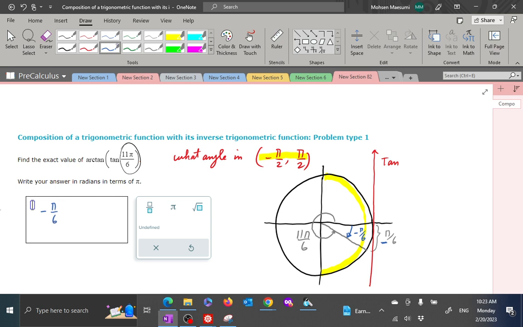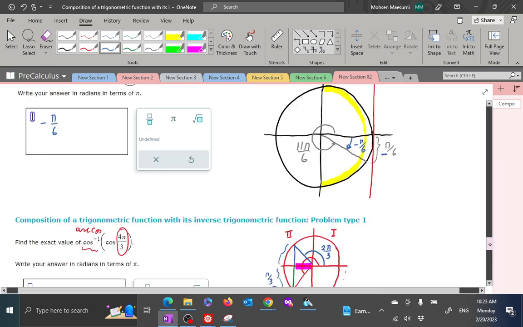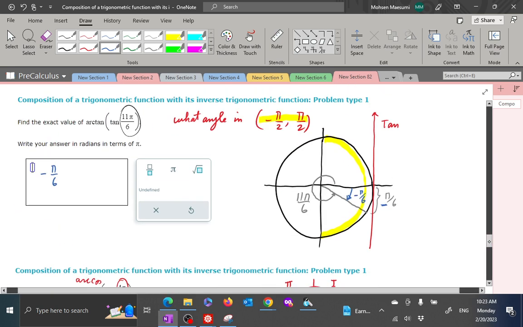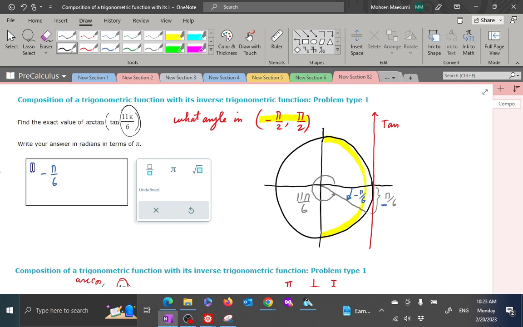So what is the procedure for tangent? Suppose an angle is given to me. So suppose I have arc tangent of, say, tangent of some angle x.